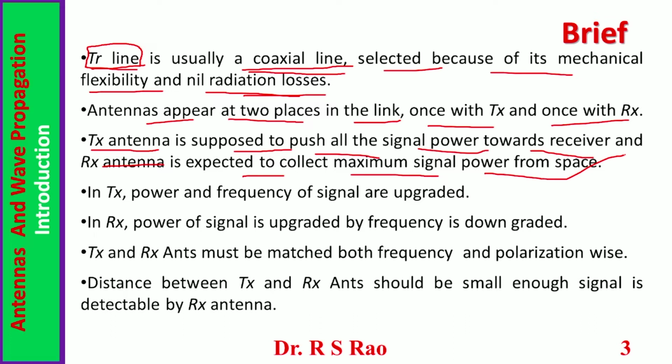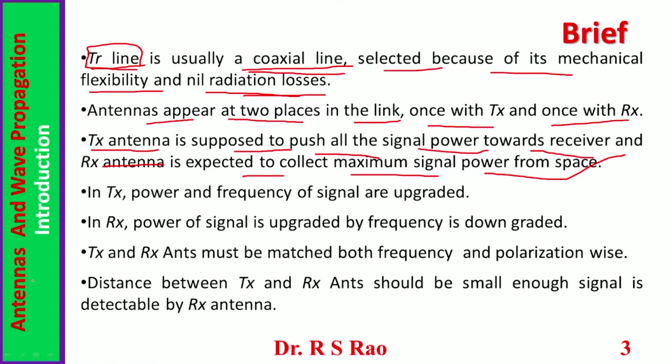So, an ideal transmitting antenna is one which pushes all its input towards the receiving antenna, and an ideal receiving antenna is one which is capable of collecting the maximum possible signal power from space.